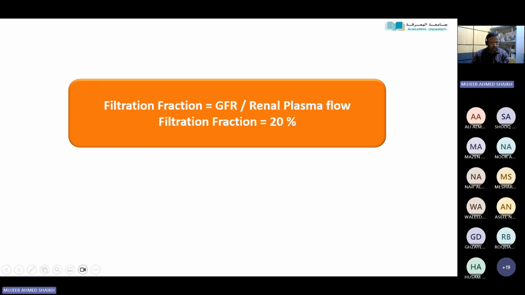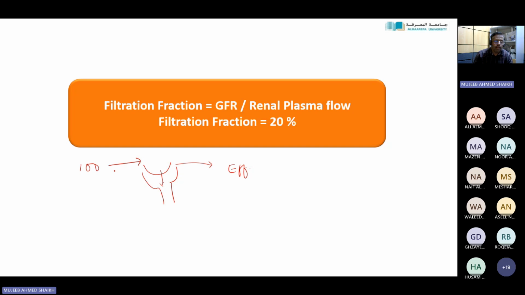Now coming to the factors. To decide the factors regulating this, we have to see how much plasma is filtered. Suppose 100 ml of plasma is coming to the glomerulus. Out of that, how much is going to the efferent arteriole, and the rest will be filtered, reaching the Bowman's capsule and the tubule.